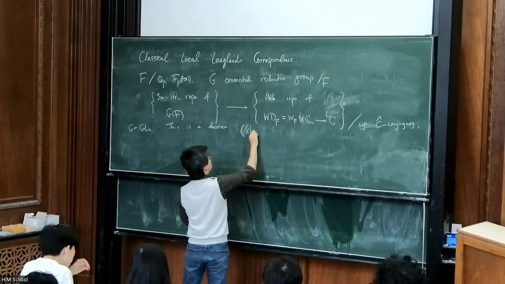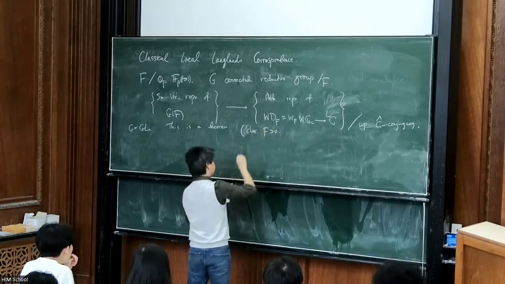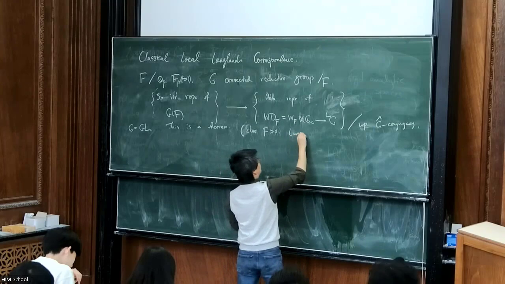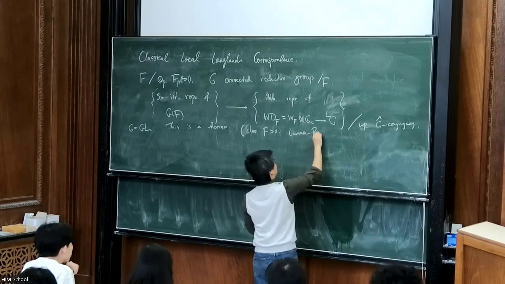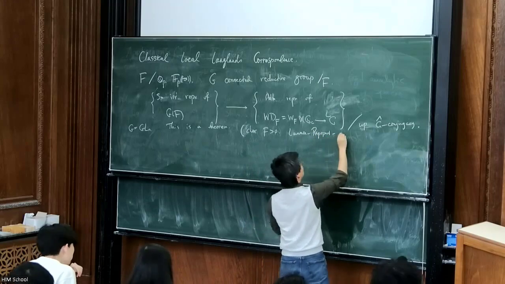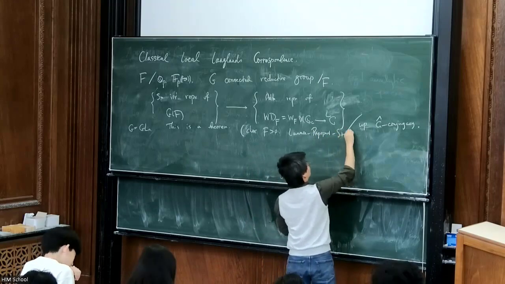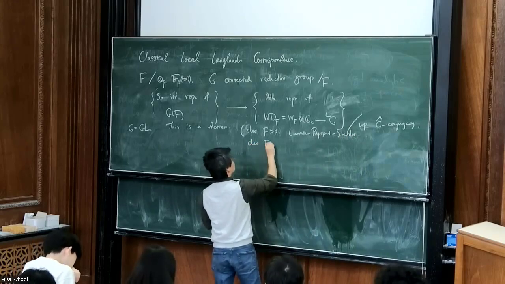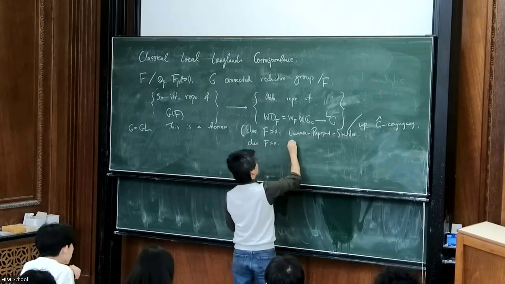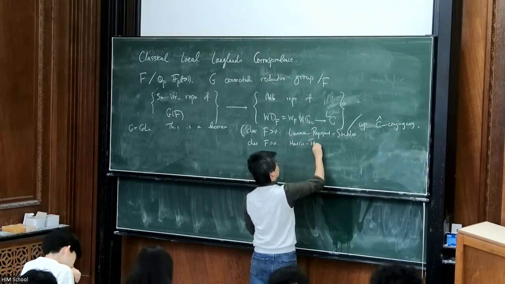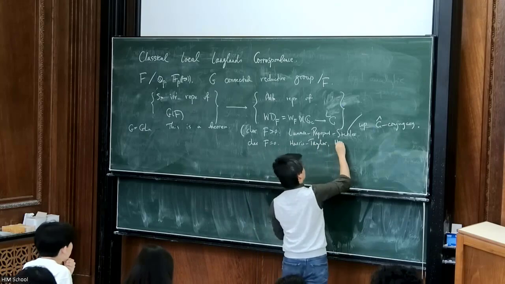I think in characteristic bigger than 0, it is due to Laumon, Rapoport, and Stuhler, and in characteristic 0, this is Harris-Taylor, and yeah.